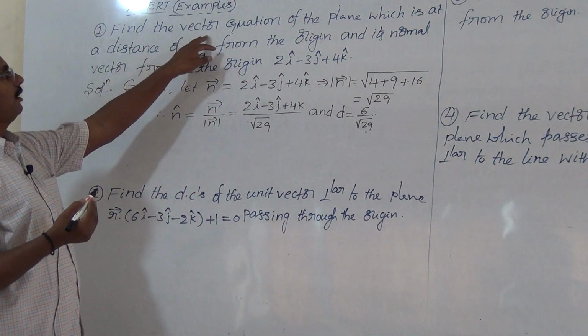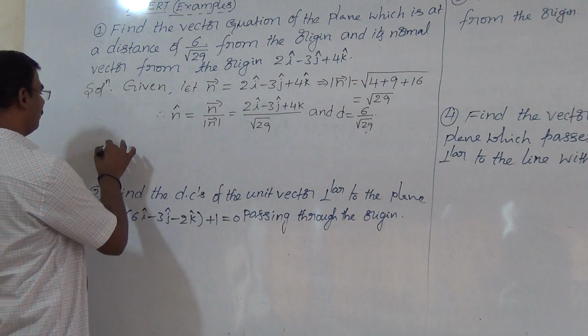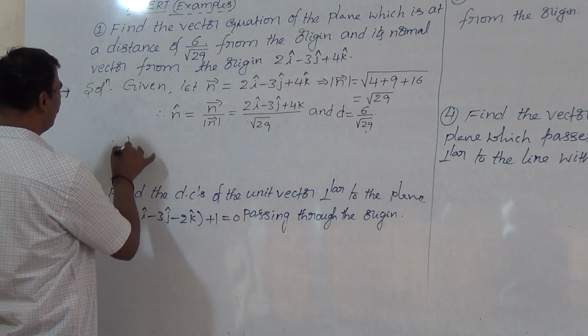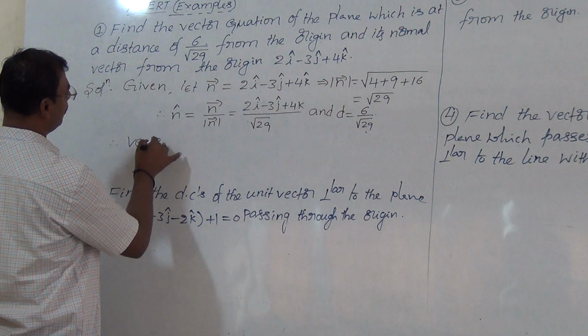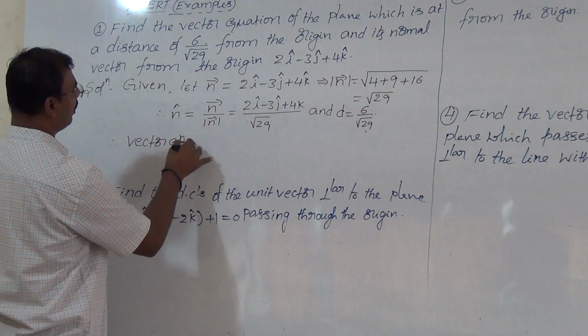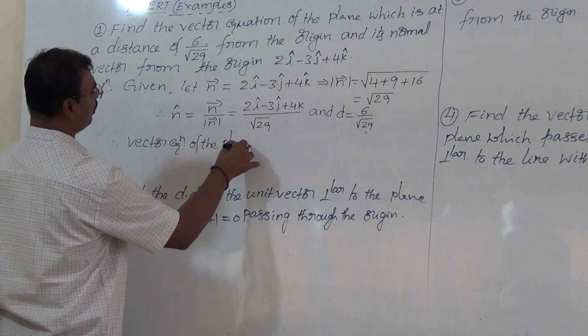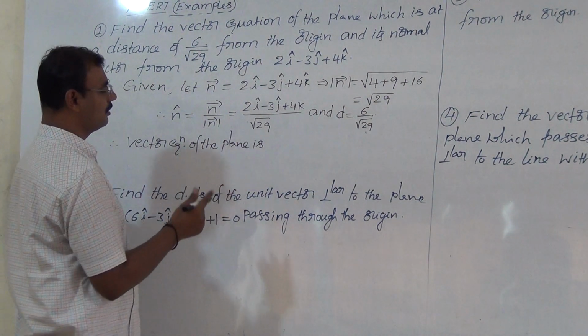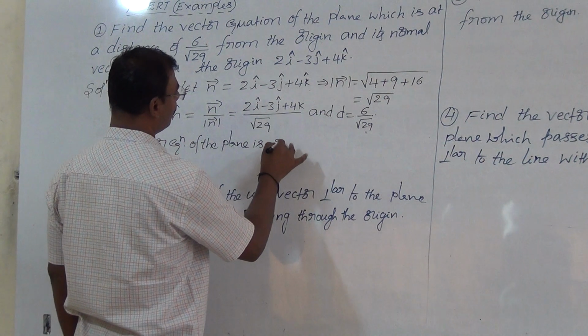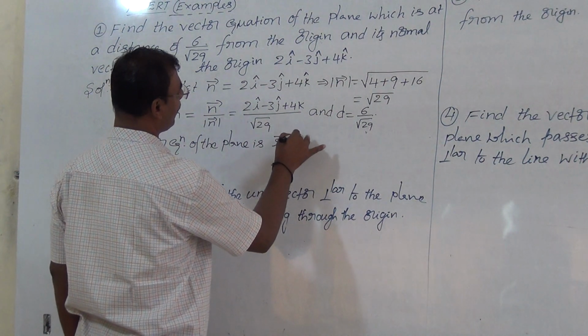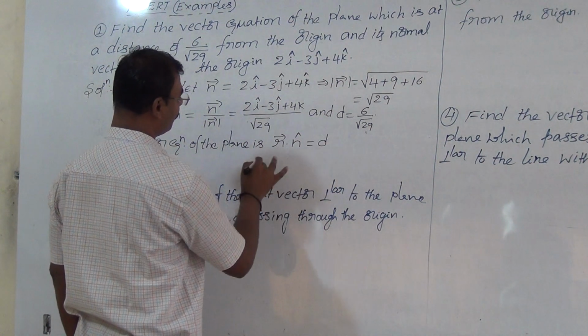Now we require the vector equation of the plane. Therefore, the vector equation of the plane is given by the formula r bar dot n cap is equal to d.